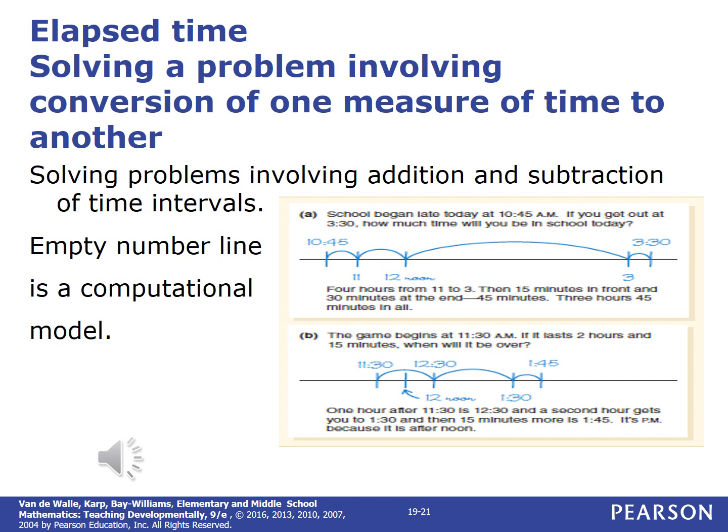I asked the students how much time elapsed from 8:40 a.m. to 12:20 p.m. and the students just quickly subtracted and said, oh, it's 4 hours and 20 minutes. And I was kind of shocked that they said that. The reason they do this is that they treat it like it's normal subtraction.